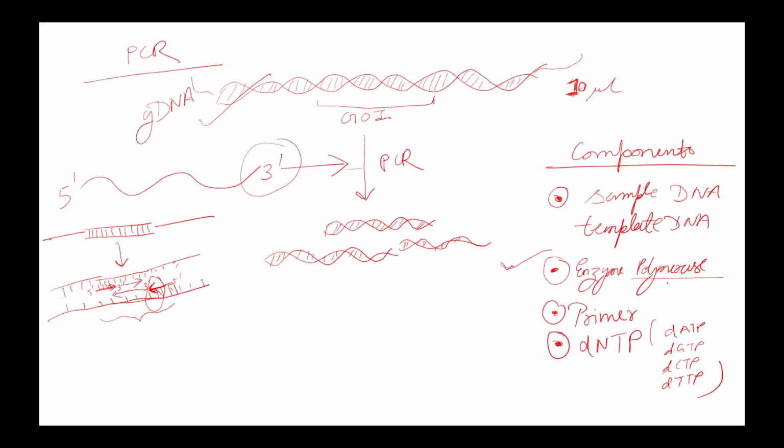And for the functioning of this polymerase enzyme, what else you need is a buffer which has a particular pH and particular divalent cation concentrations, so that at this particular pH the polymerase enzyme performs its optimal activity. So these are the components that are required for the PCR to be carried out.